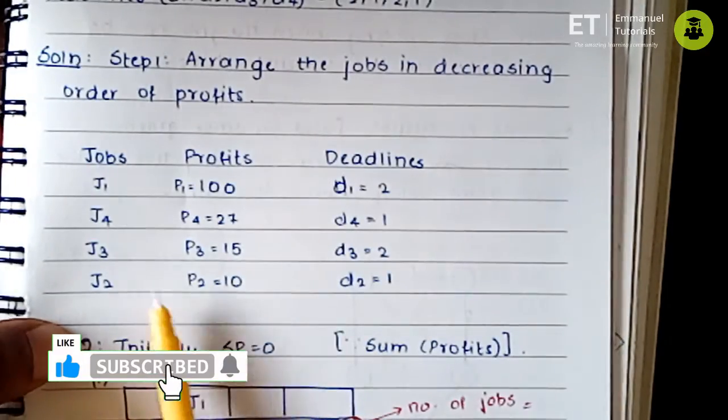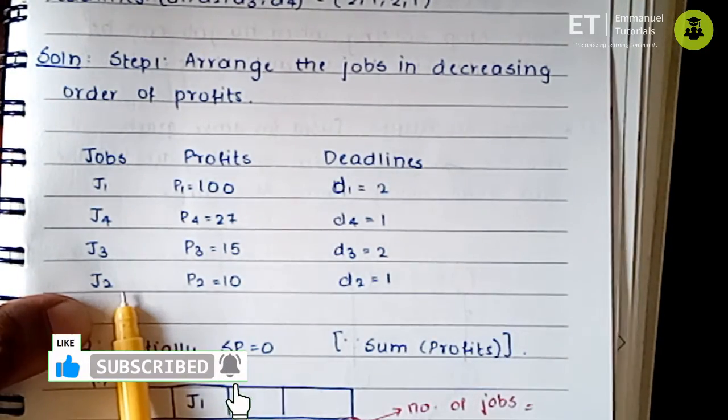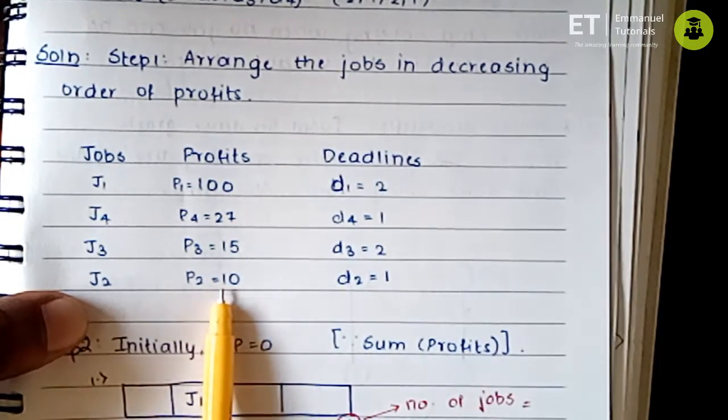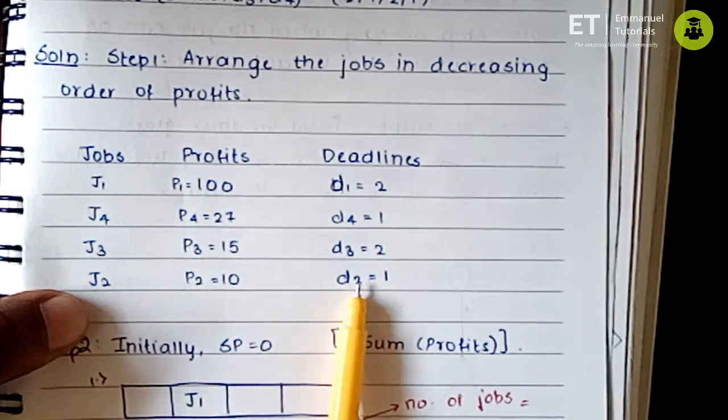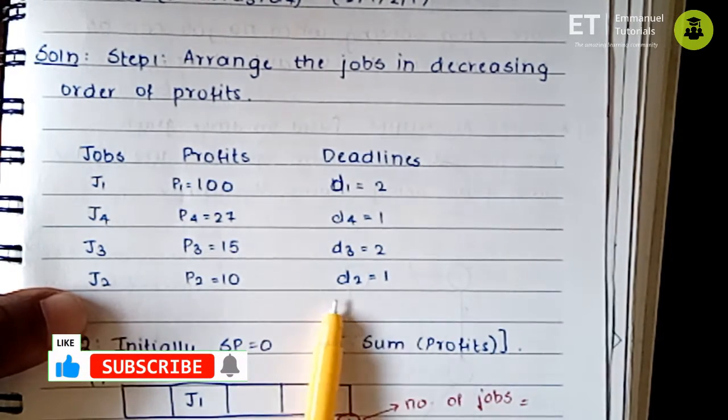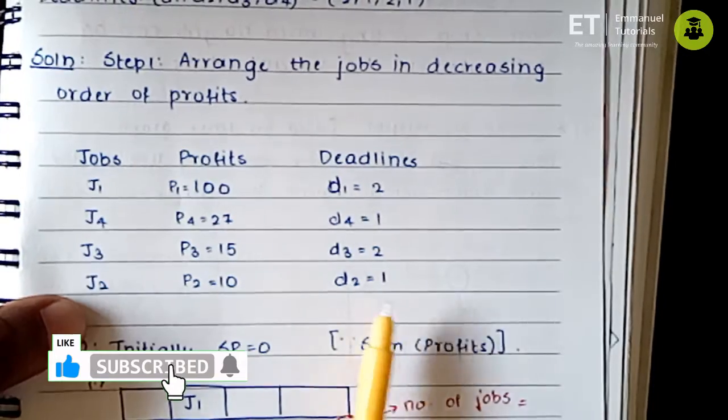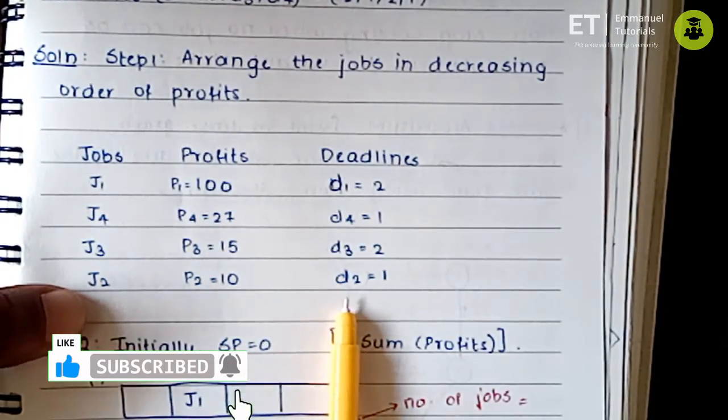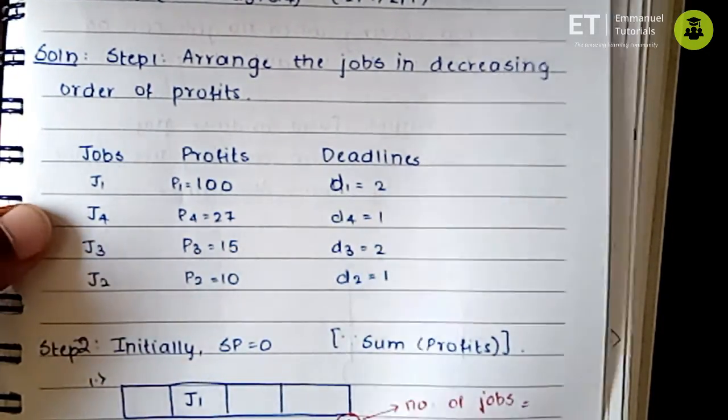Similarly, we can see J2, which has an associated profit of 10 and its deadline is 1. But since the first cell was also occupied, this also can't be placed in the queue. So it will be discarded as well.